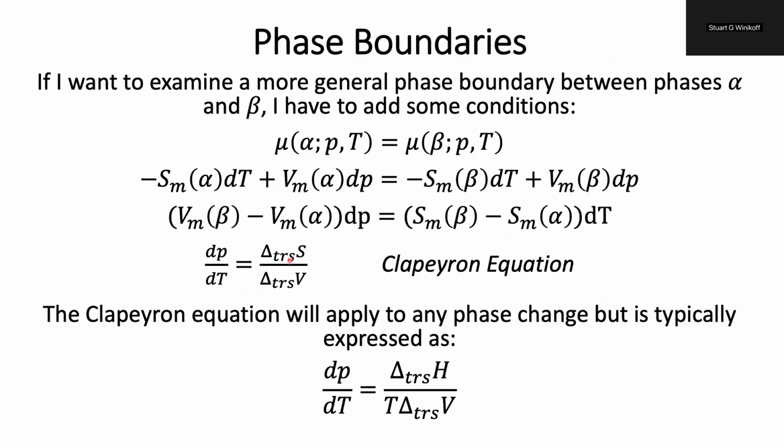That means I can replace the entropy of transition with enthalpy over T, because these two will be equivalent at an equilibrium or at the phase boundary. So the Clapeyron equation is more often expressed as this ratio of change in enthalpy over temperature times change in volume. Now again, here we have to watch out because we have more of an explicit relationship in between the temperature and the change in temperature.